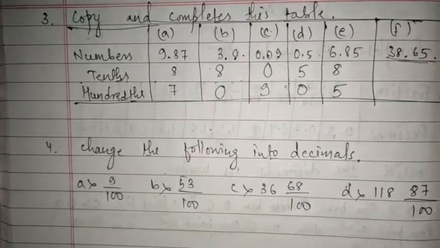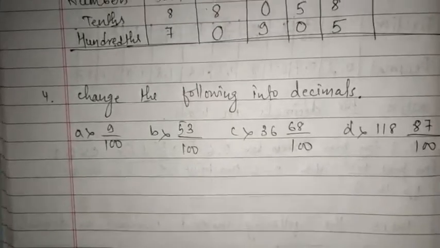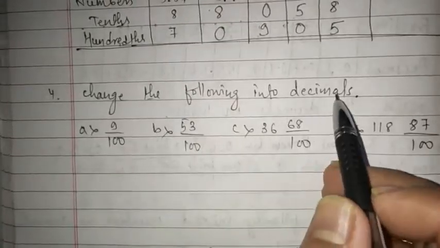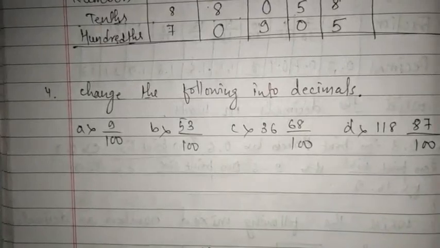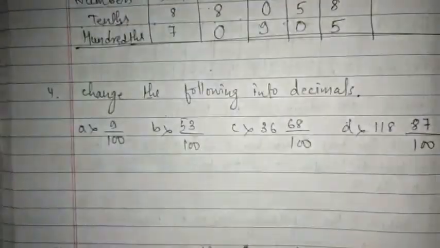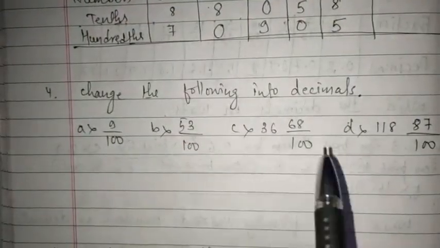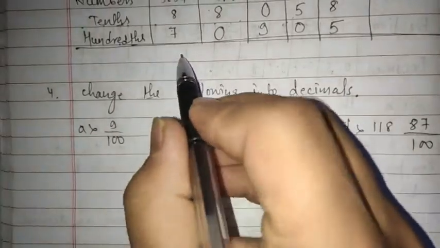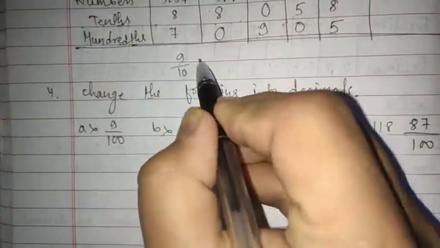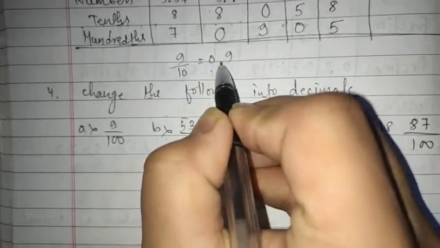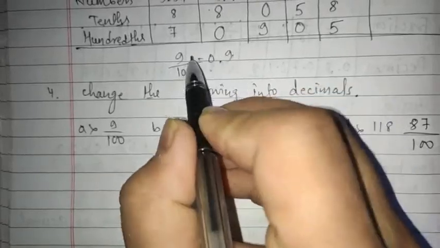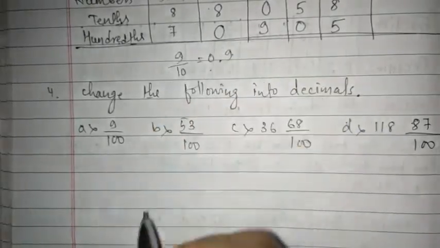Proceeding to question number 4, we have to change the following into decimals. In our last class we dealt with changing fractions into decimals when the denominator was 10. What did you do? 0.9, just the point, then the number given in the numerator.